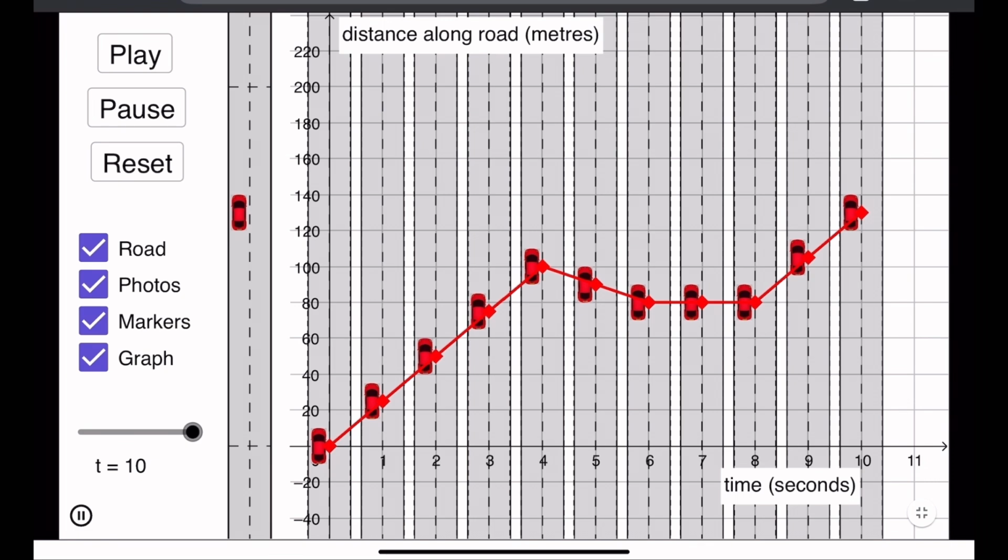So do take note, when it's reversing back towards the starting position, there will be a negative gradient, a downward sloping line from 4 to 6 seconds. If it's stationary, it's a horizontal line, as you can see from 6 to 8 seconds. And then at the 8 second, it continues traveling away from the starting position. That's why it is an upward sloping line to the 10 second.